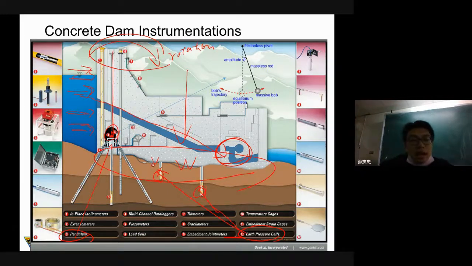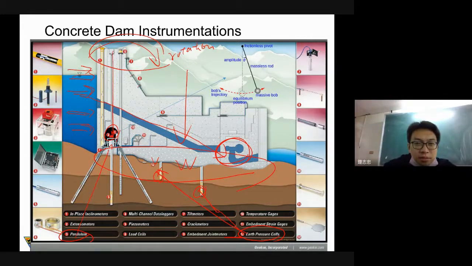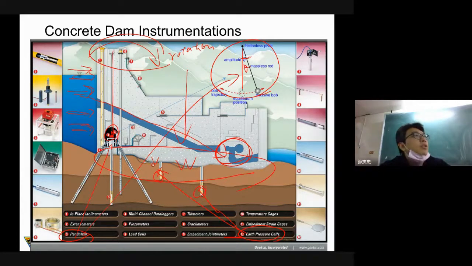Okay, and the second one. So this is the idea of the pendulum, also measuring the inclined degree against the gravity direction. Of course, you can put some tilt meters in different locations here.